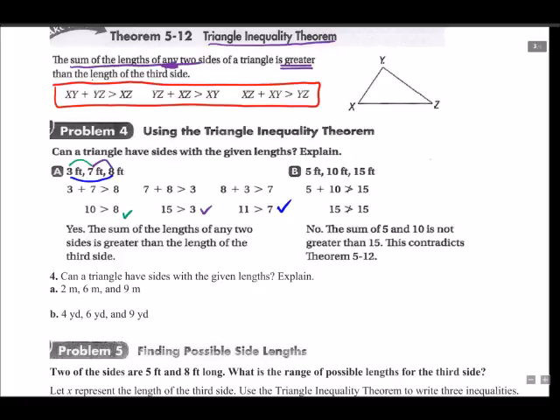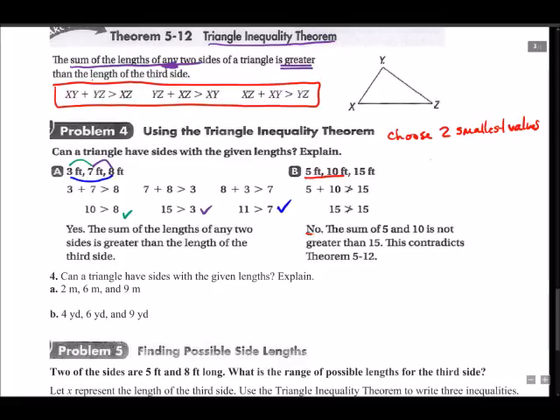The little trick here is to pick your two smallest. Choose the two smallest values and check those first. So what are our two smallest values here? 5 and 10. Is 5 plus 10 greater than 15? No, they're not.